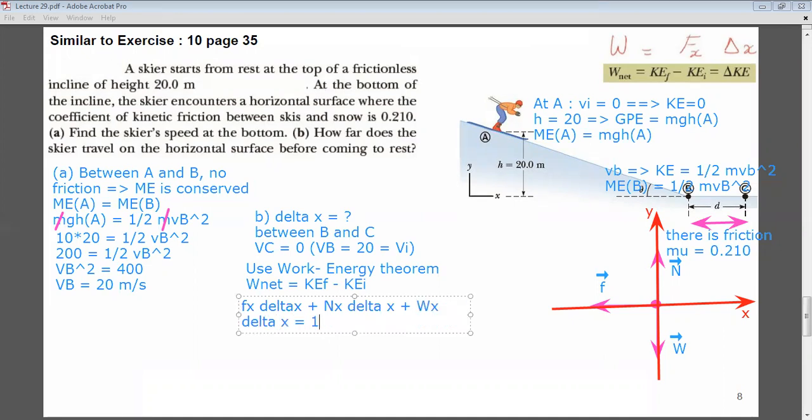It's equal to half m v final square, which is Vc in this case, minus half m vb square.